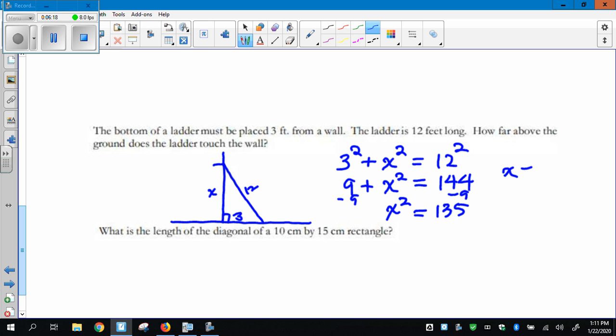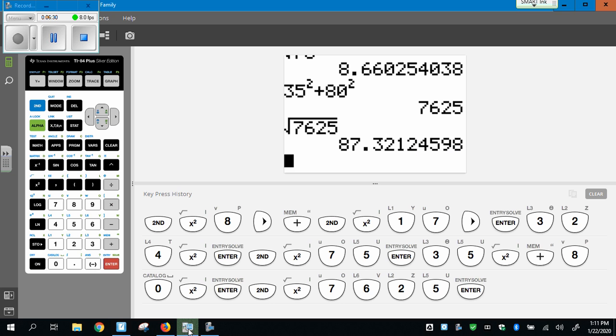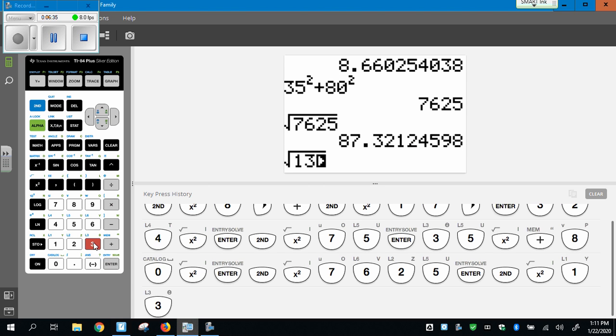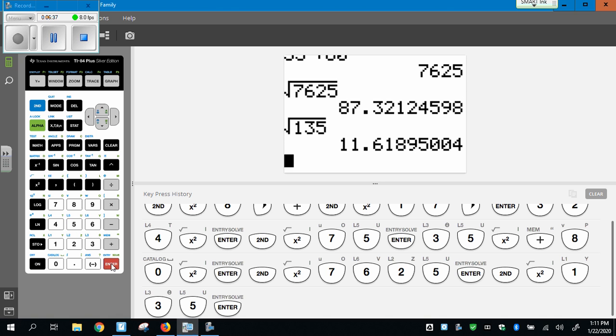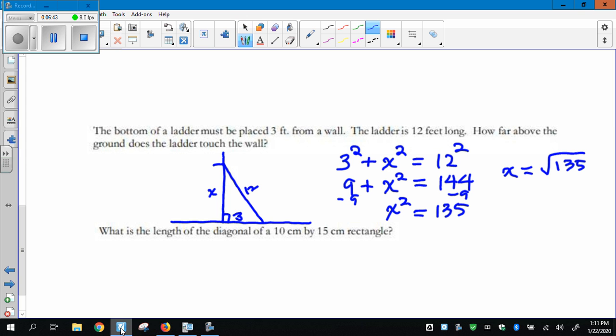So x equals the square root of 135. Now, I know that the square root of 144 is 12. The square root of 121 is 11. So my answer should be somewhere between 11 and 12. And my calculator tells me I get about 11.6. So that sounds about right. So about 11.6.